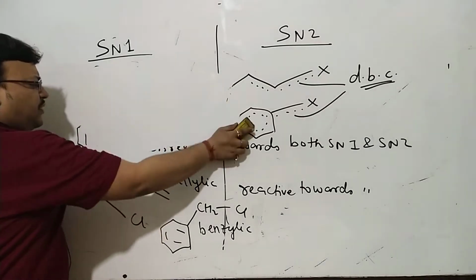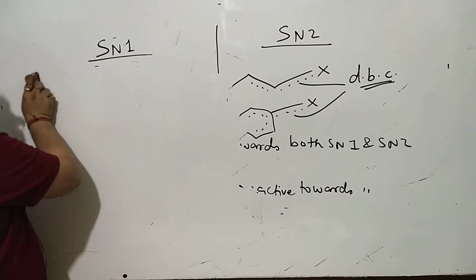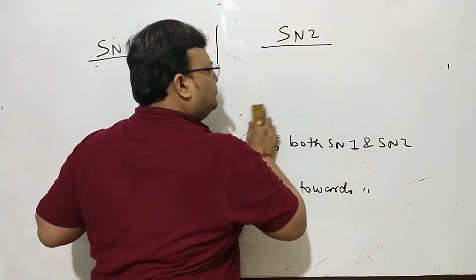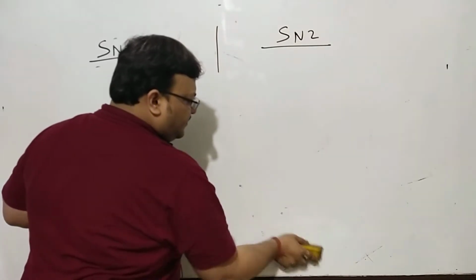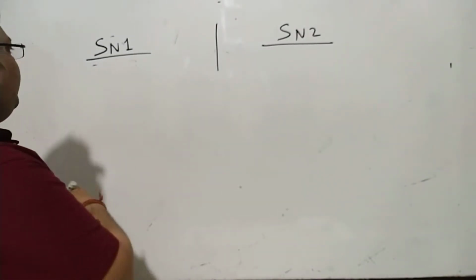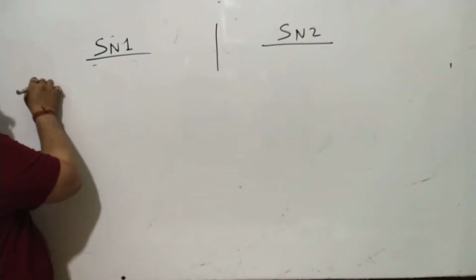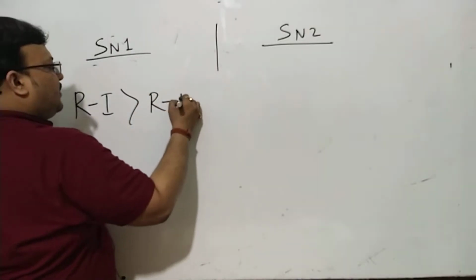Another point which comes to my mind is for different halides. So iodide more reactive than bromide, more reactive than chloride.